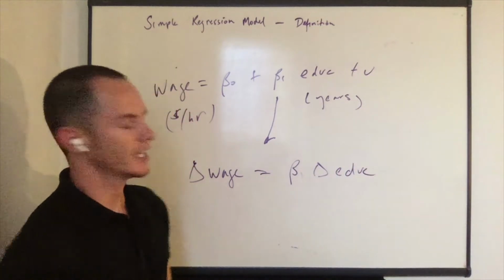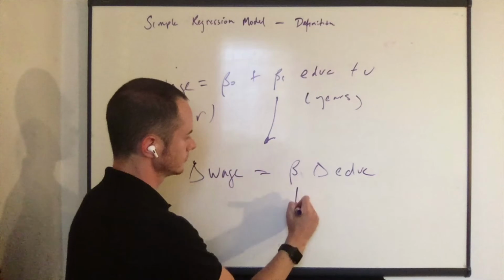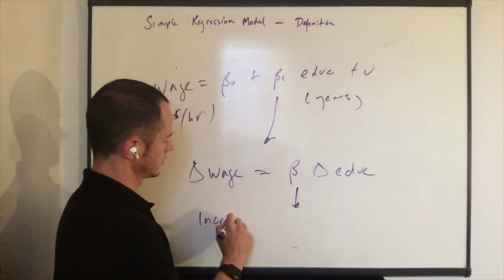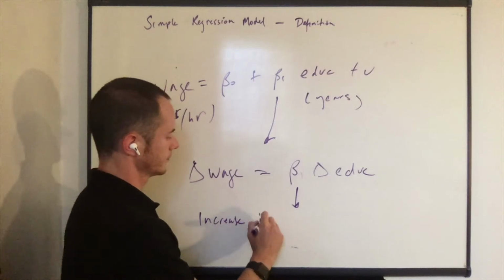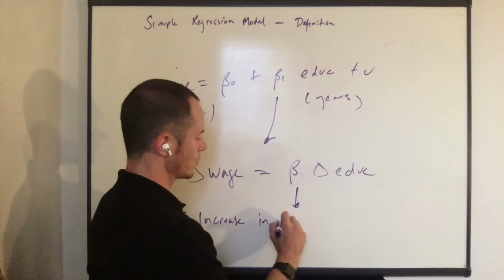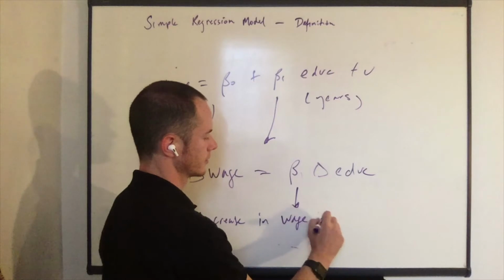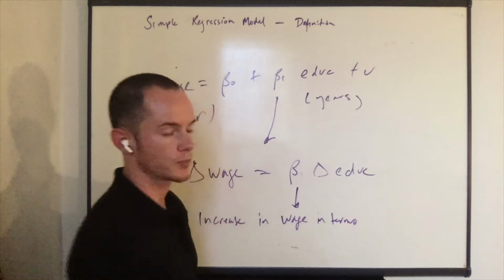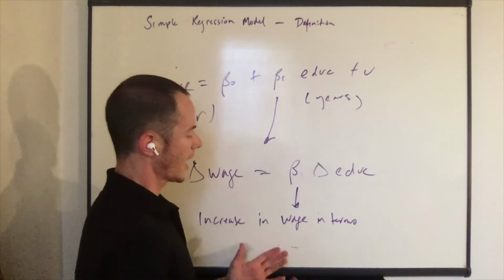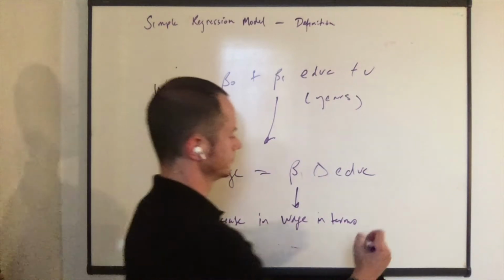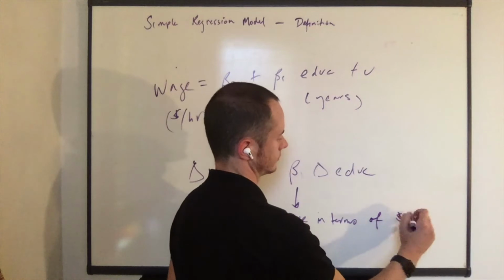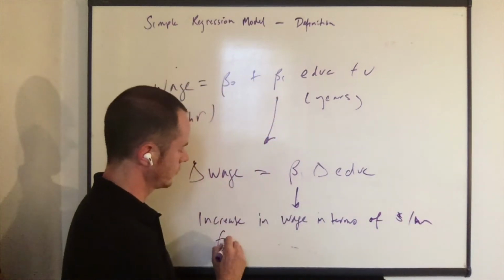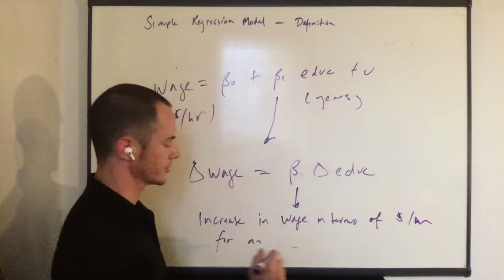So beta 1 gives us the increase in wage in terms of dollars per hour, so that's our hourly wage, for an additional year of education.